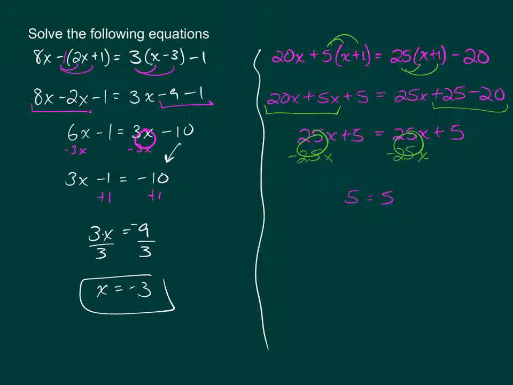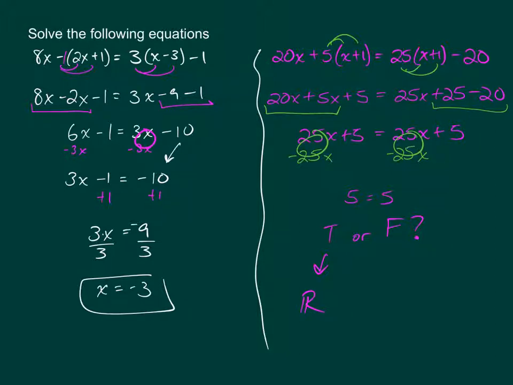If you run out of x's, or if you cancel out or reduce all of the x's away, you just have to ask yourself, is this true or false? Well, 5 equals 5 is in fact true. So if you have a true statement after eliminating all of the x's, 5 equals 5, for example, your answer is going to be all real numbers.